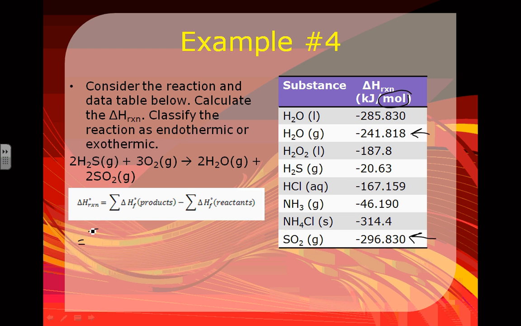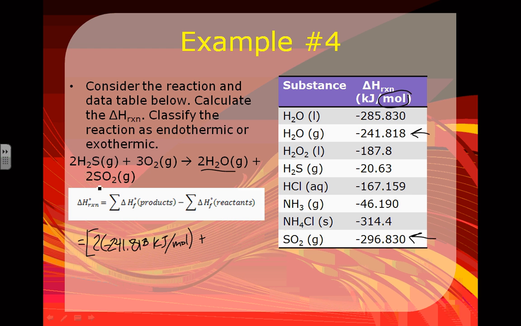So I'm going to do 2 moles of the enthalpy for gaseous water, which is negative 241.818 kilojoules per mole. And then we're going to add, because it's the sum.